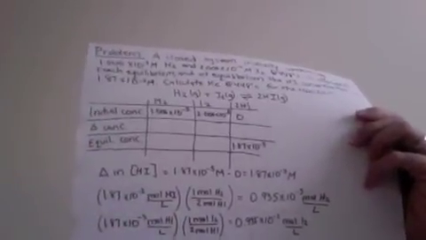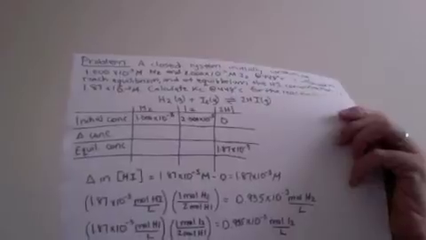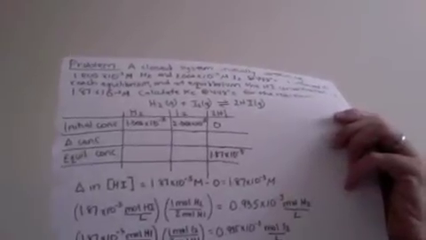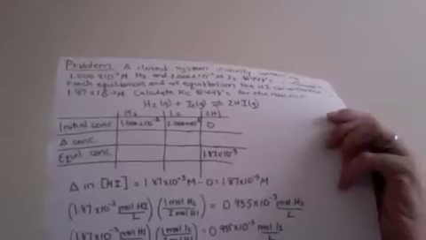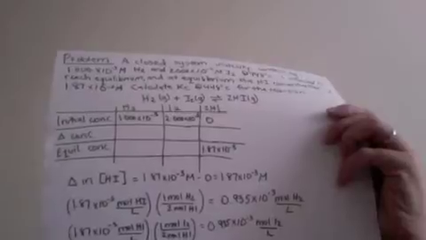Our moles of HI cancel, so our change in I2 concentration is 0.935 times 10 to the negative 3 moles of I2 per liter. So we're going to calculate the equilibrium concentrations of I2 and H2 using the initial concentrations that were given in the problem and those changes that we just calculated.